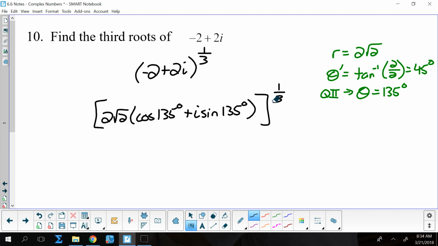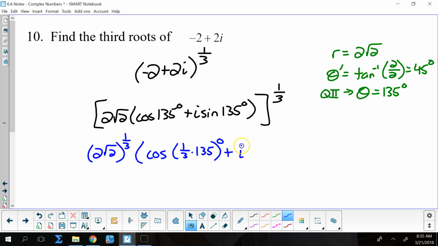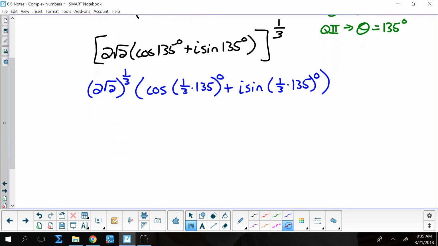That's going to be 2 square roots of 2 to the 1/3 power times the cosine of 1/3 times 135 plus i sine 1/3 135. So my first root is 2 square roots of 2 to the 1/3 power.